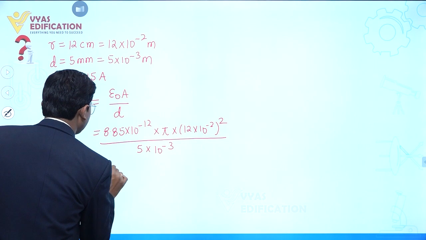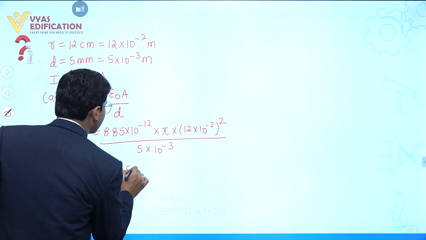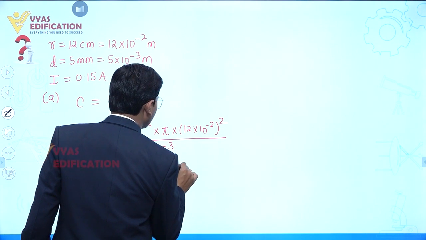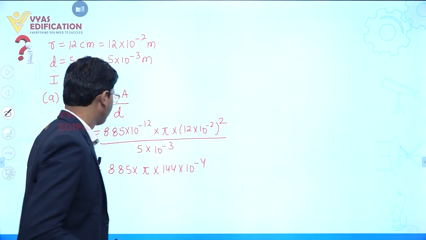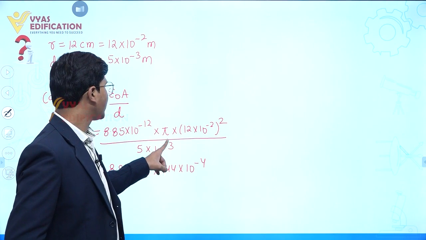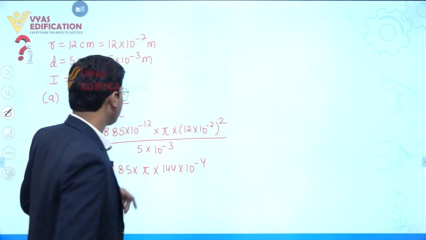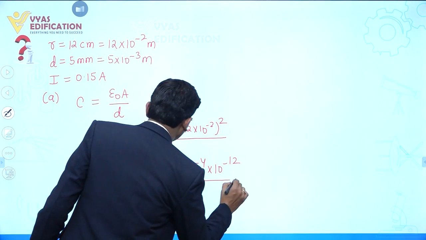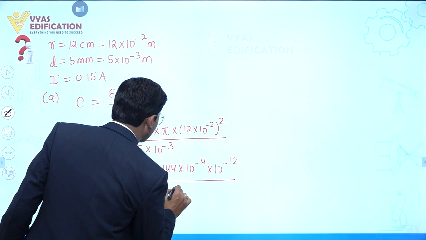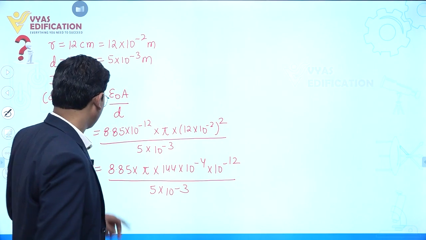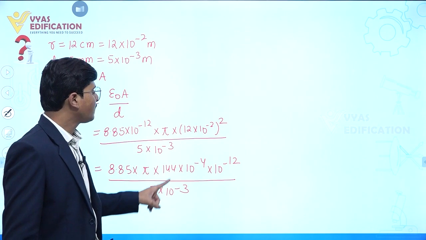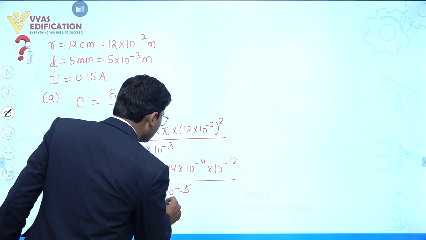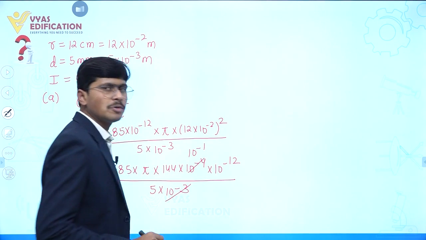So from here this is equal to 8.85 into pi multiply 144 into 10 to the power minus 4 into 10 to the power minus 12, divided by 5 into 10 to the power minus 3. Clear to everyone? From here you can say this one is cancelled out, this is 10 to the power minus 1.